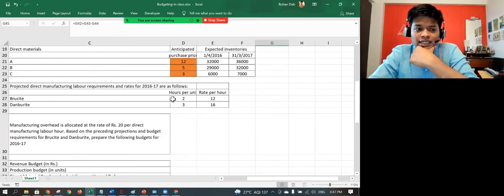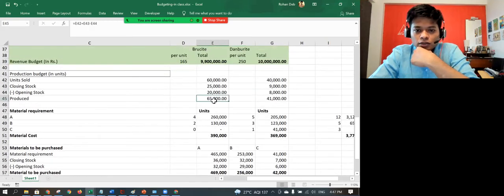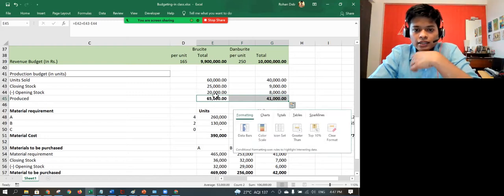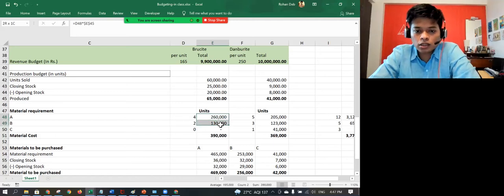Material requirement: it says that for each unit of brucite, it takes 4, 2, and 0, and for danbrite, 5, 3, and 1 units. So it's again very simple. You take this and this, then multiply it with 4, 2, and 0, and you'll get the total number of units of material consumed in making these units.